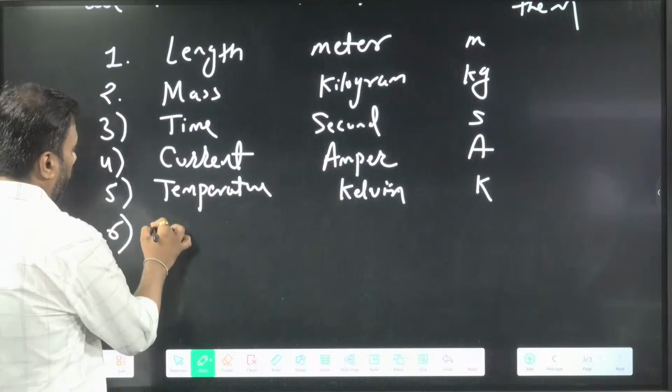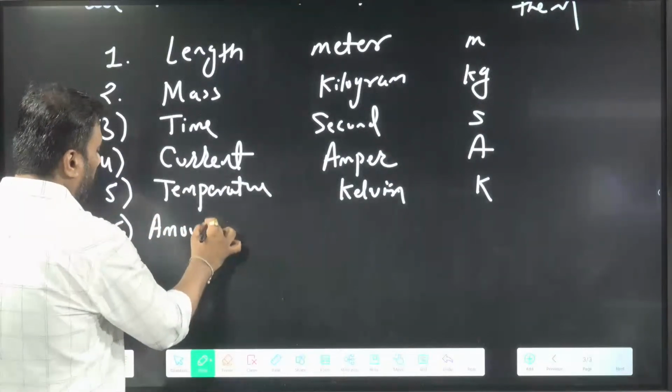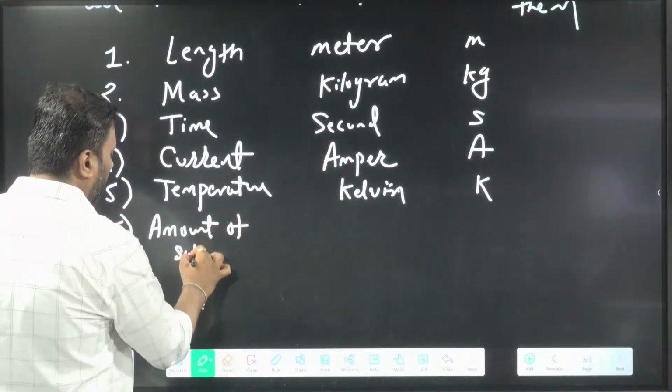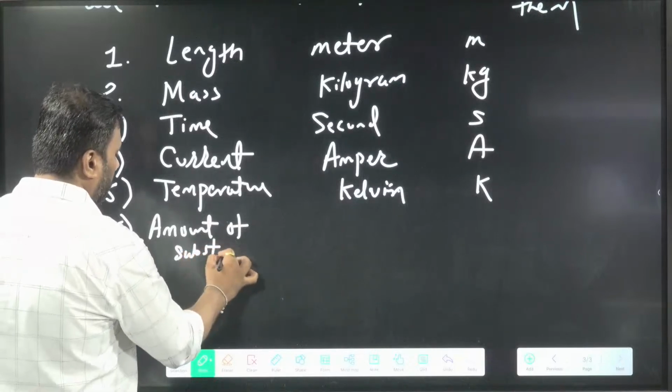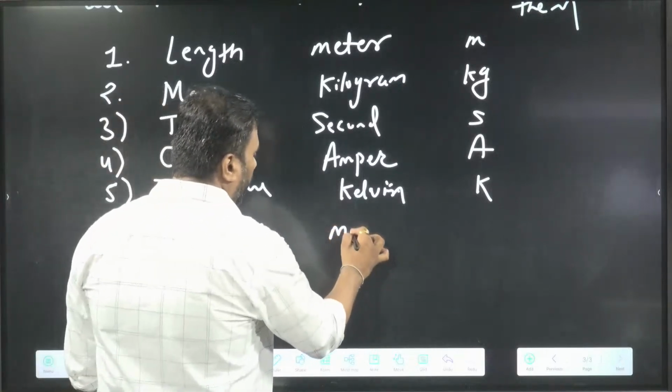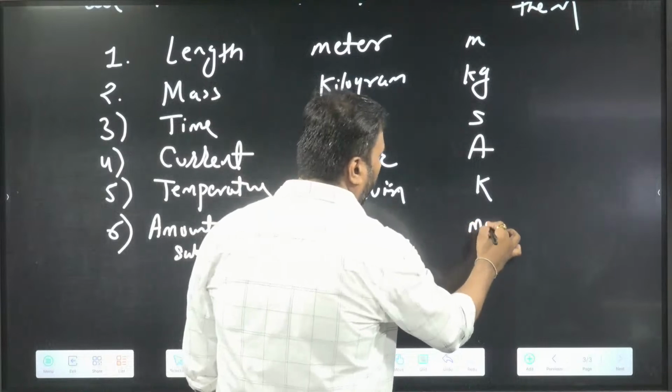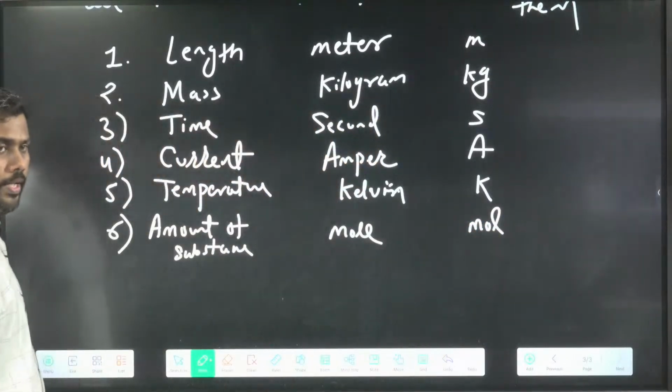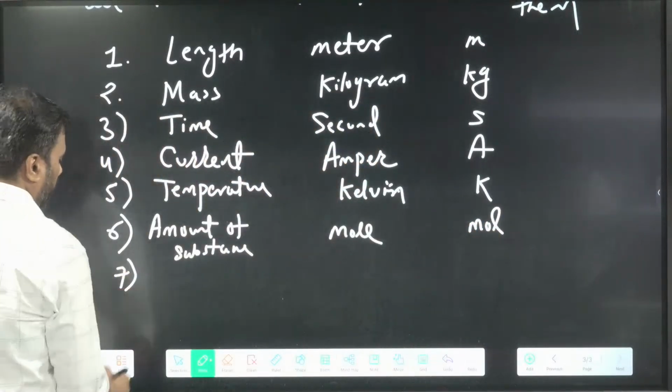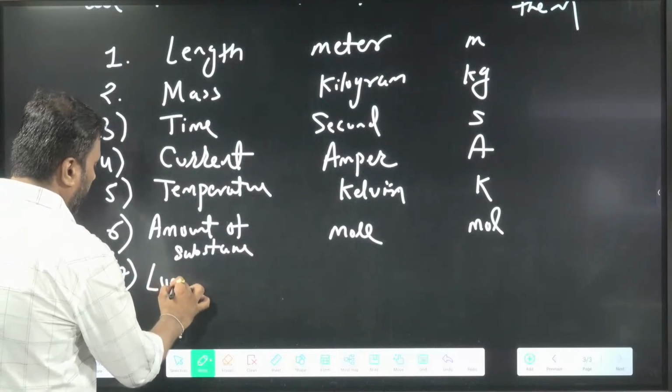Sixth is amount of substance, measured in mole, symbol is just mol. And the last physical quantity is luminous intensity.